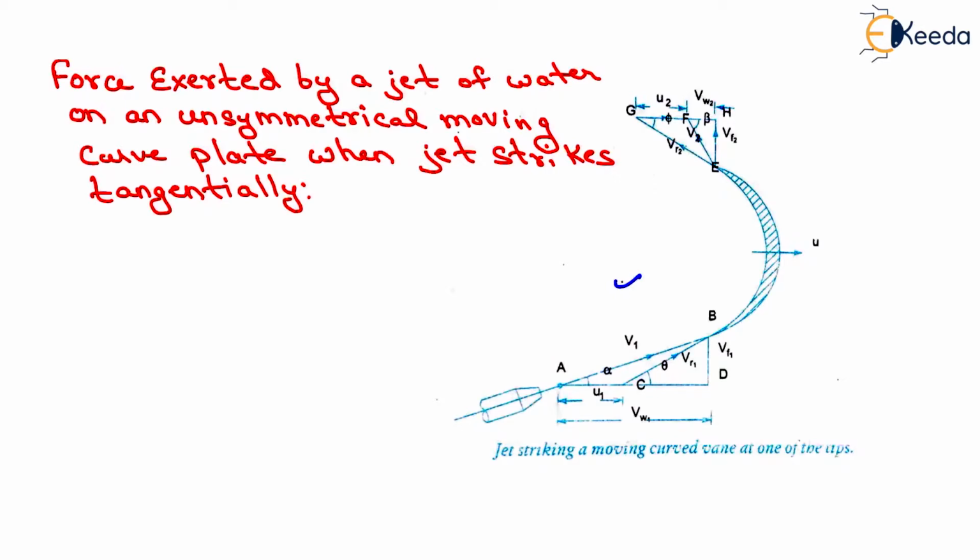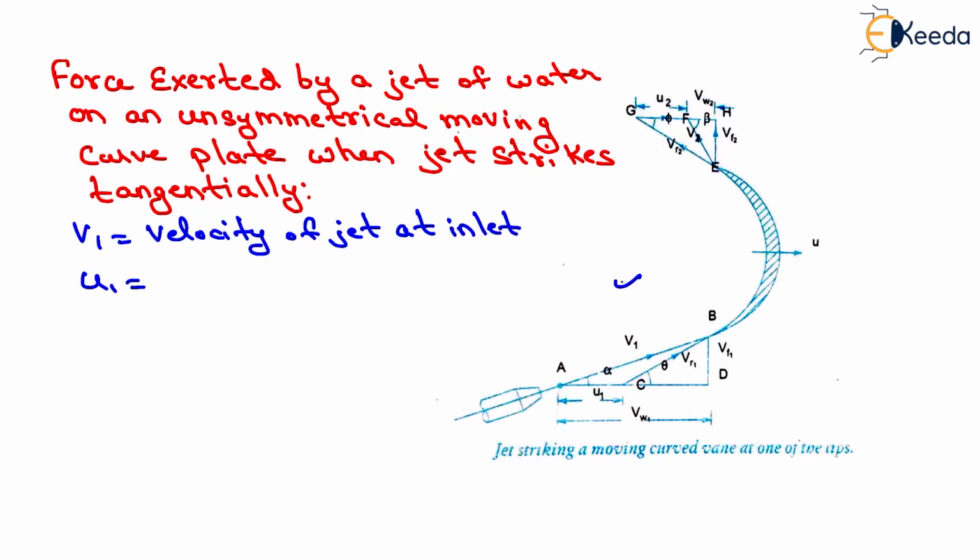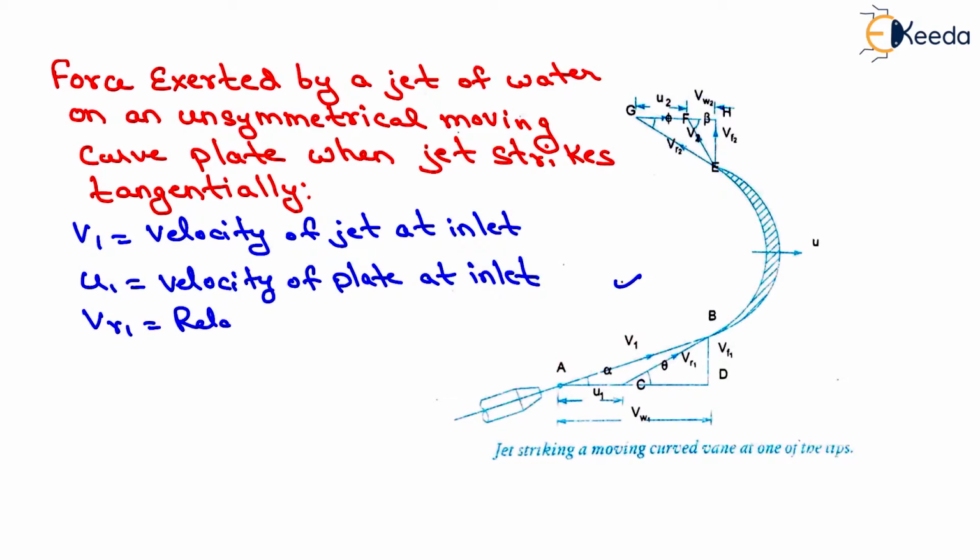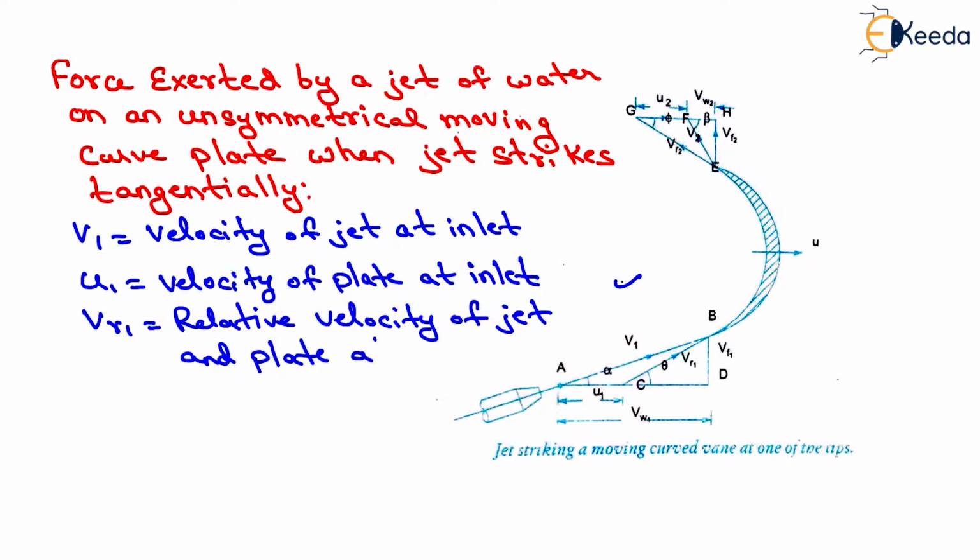Now here V1 will be the velocity of the jet at inlet, U1 will be equal to the velocity of the plate at inlet, VR1 will be equal to the relative velocity of jet and plate at inlet, alpha is the angle between the direction of the jet and the direction of motion of the plate, also called guide blade angle.